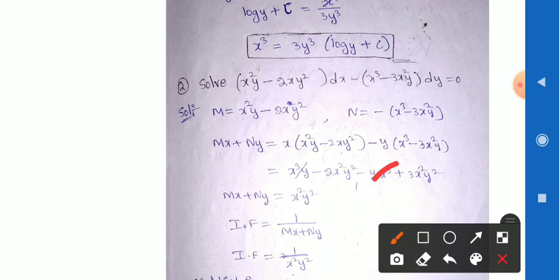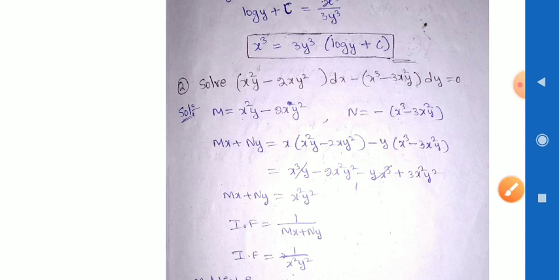Cancelling y into x cube with x cube into y, and doing subtraction, we get minus 2x square y square plus 3x square y square, which is x square y square. Then the Mx plus Ny value is equal to x square y square.